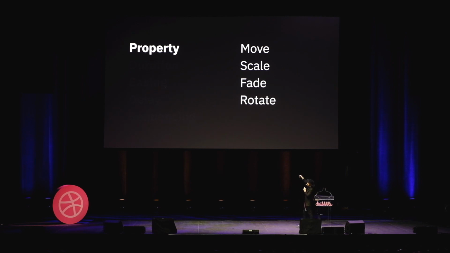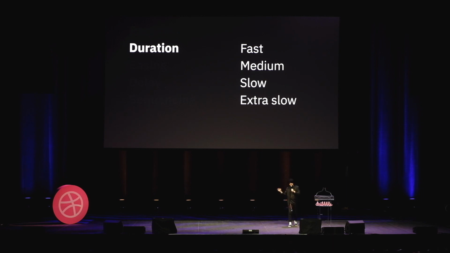If we look at really any motion that you find in your favorite software apps, Lyft, Headspace, InVision, etc., you can kind of break it all down to this. There's properties like moving, scaling, fading, rotating. What's the behavior? There is duration, and we can talk about this in terms of fast, slow, medium, extra slow.